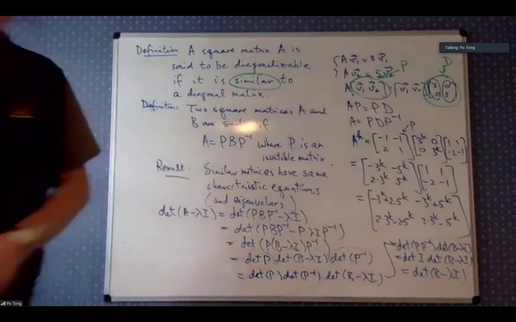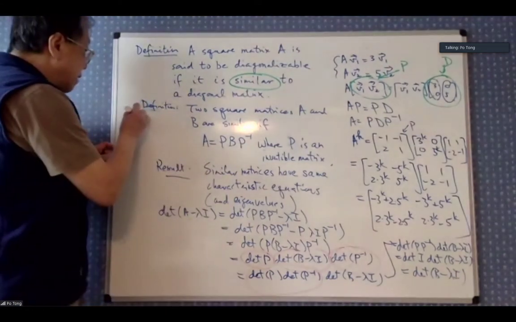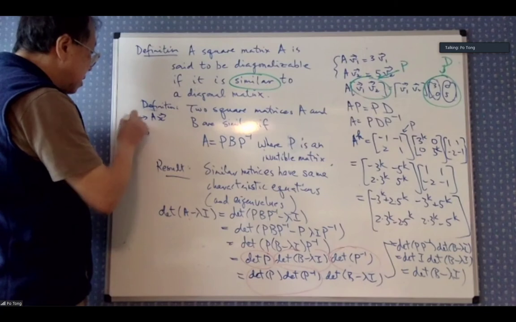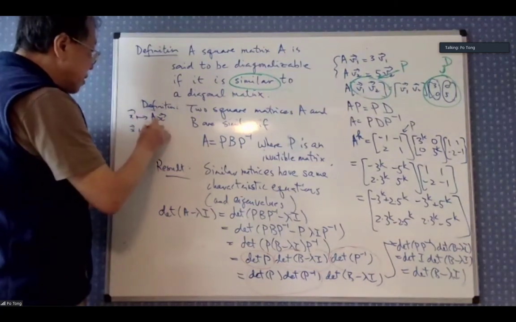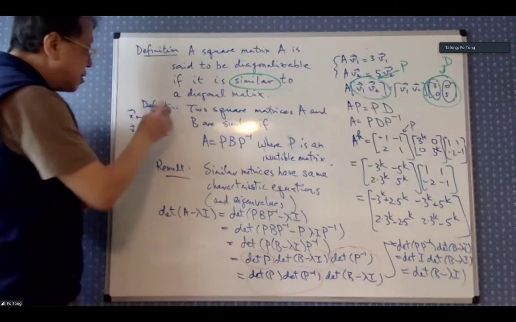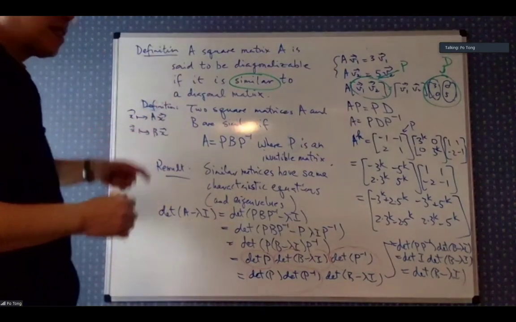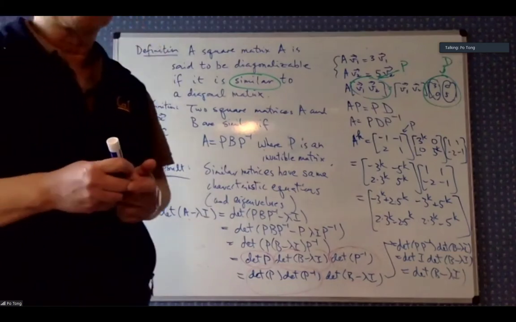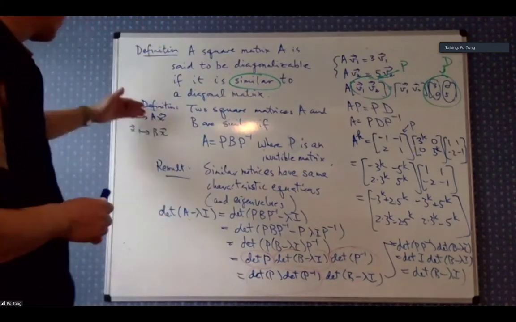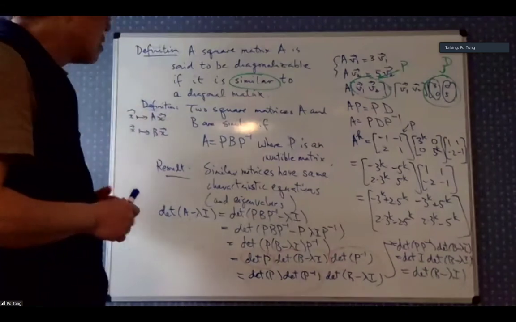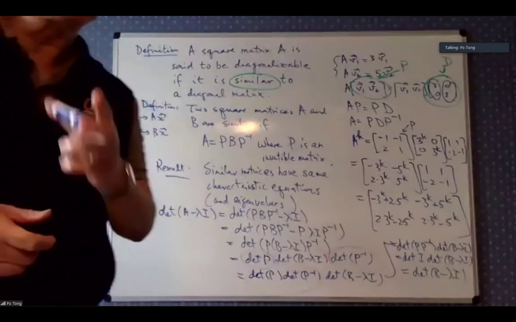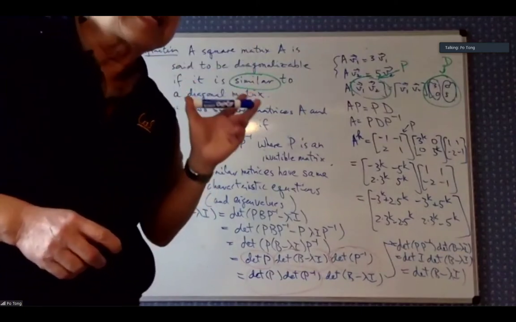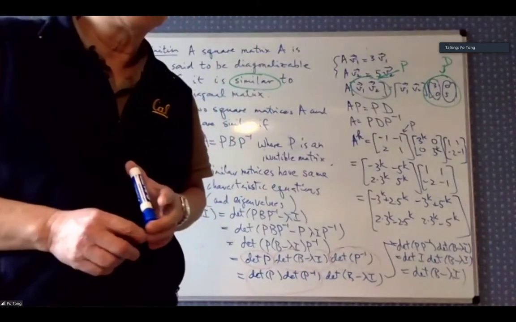These essentially represent the same linear transformation, except it's a change of coordinate system. If you do some type of substitution, you will get one matrix from the other. I'm going to illustrate this again when I get to a later section.